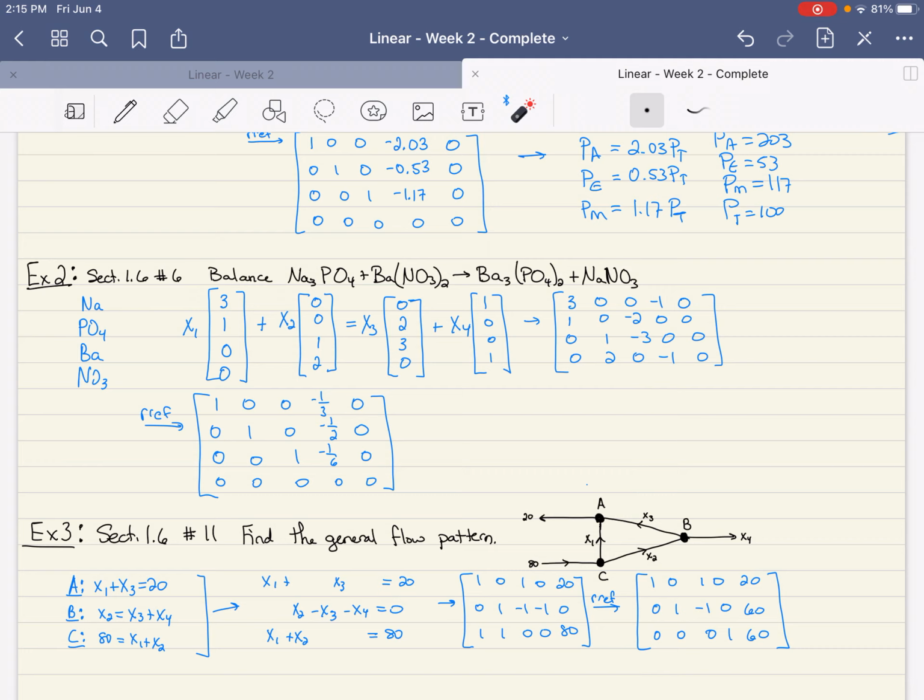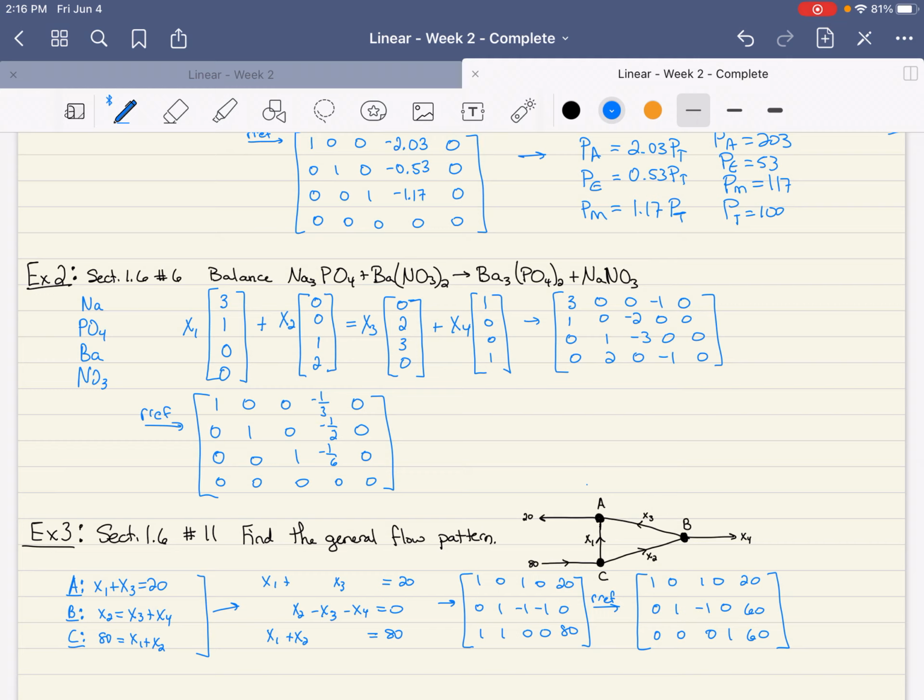And then I just went through and said, okay, in this one I've got how much of each. And I kept this over here so I could keep track of what my order was. In this one I have how much, and then over here same thing. I can take that and move these guys over to the left-hand side, which makes them negative, and set up a system. Row reduce the system.